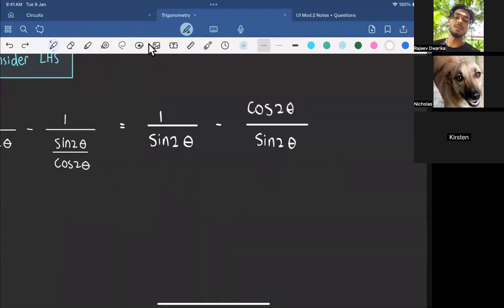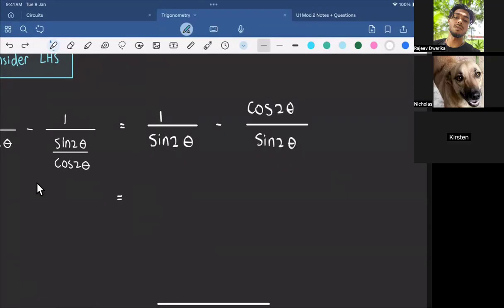Okay, cool. So they have the same denominator. So what does that mean, Nicholas? If they have the same denominator, how could I write that? You could find the LCM and add. Right, but you don't have to find the LCM, they have the same denominator.